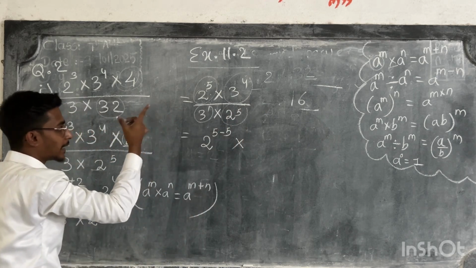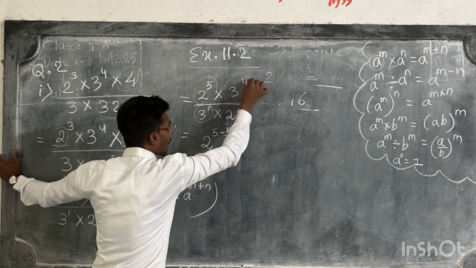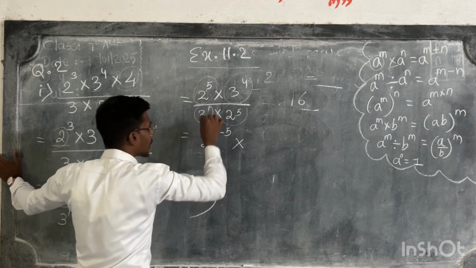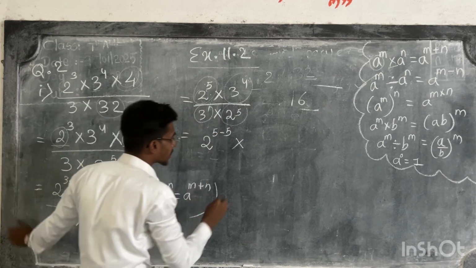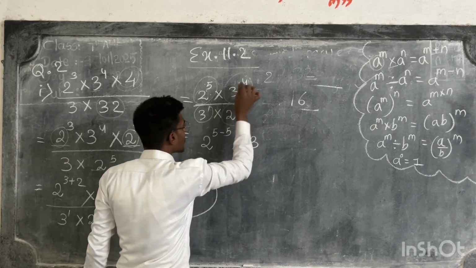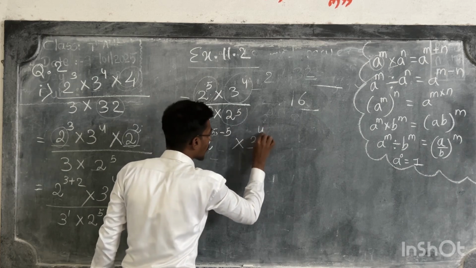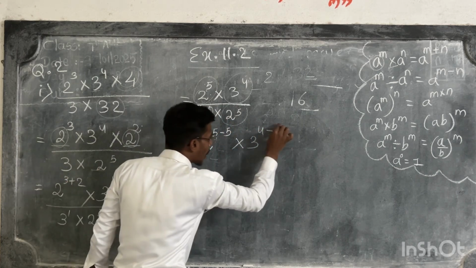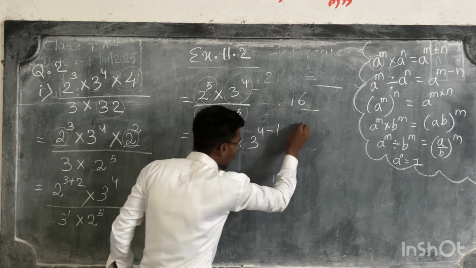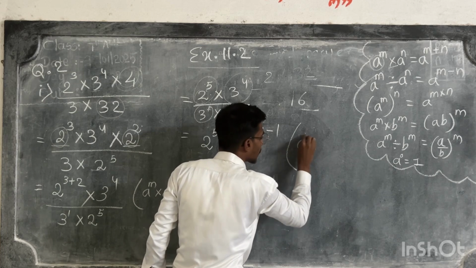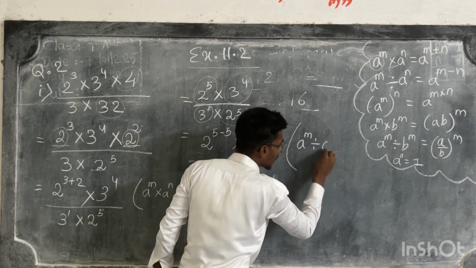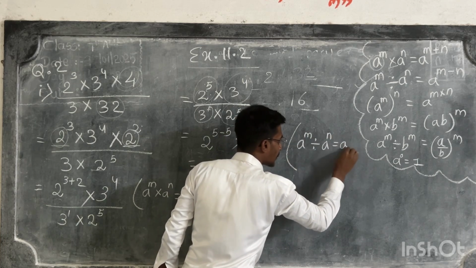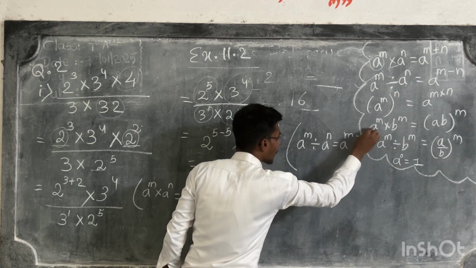So apply that identity again here, a to the power m divided by a to the power n. Now you have to subtract the powers, that is 3 to the power m minus n. What is m here? 4. Minus what is n here? 1. So write in bracket which identity you used here: a to the power m divided by a to the power n is equal to a to the power m minus n.